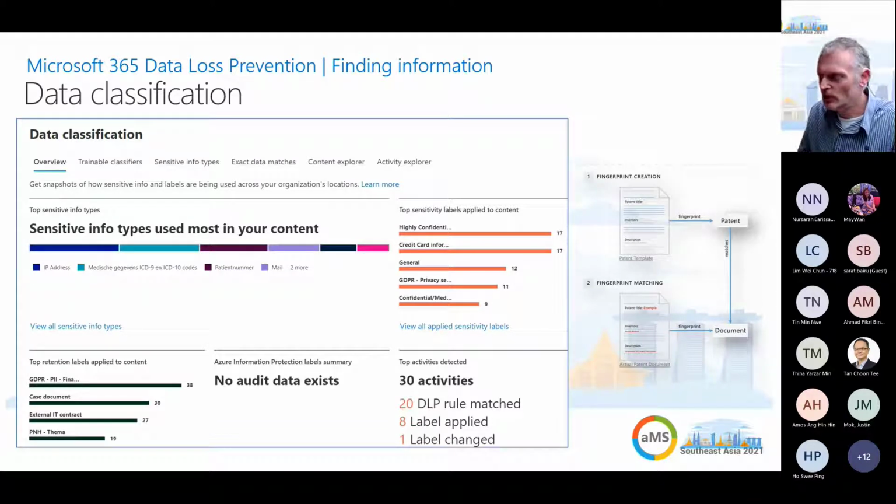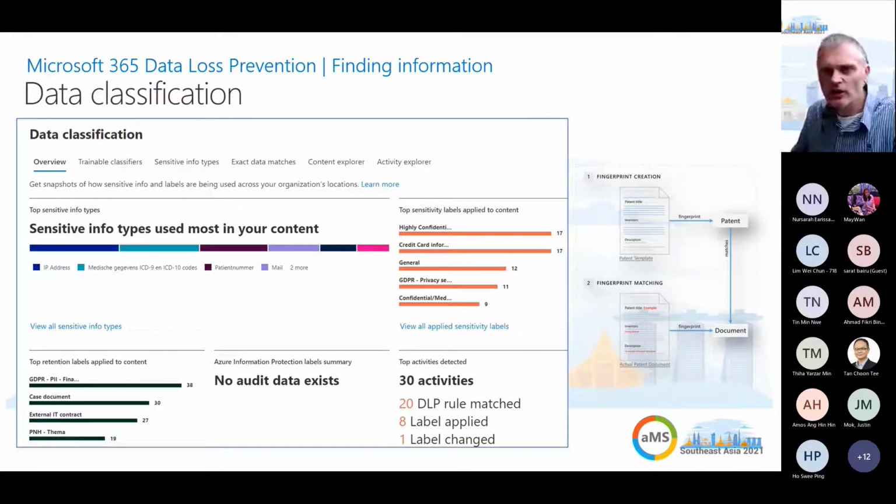But the way it works is if you have a document template you want to use for DLP to find that information, you can create a document fingerprint using PowerShell, upload it to Microsoft 365, and then based on that fingerprint, it will start creating matches. So that's, like I said, only available using PowerShell. You won't find it in any GUI right now.